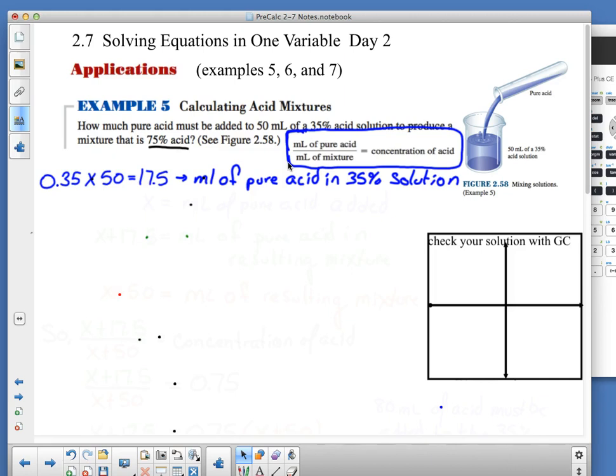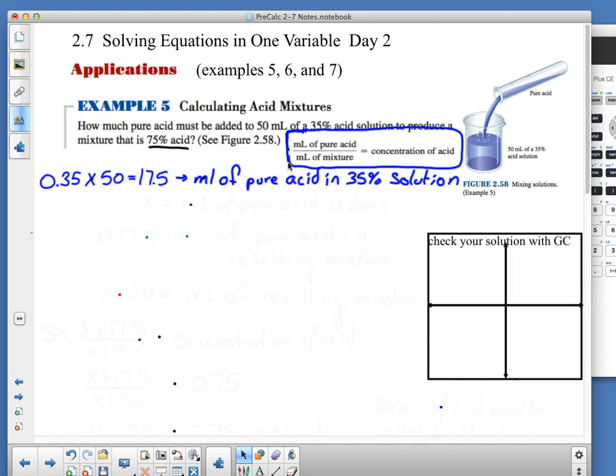So if I have distilled water and 17.5 milliliters of pure acid, I can add to that 17.5 milliliters of pure acid 32.5 milliliters of distilled water to get to my 50 milliliters. But we don't have to know that.